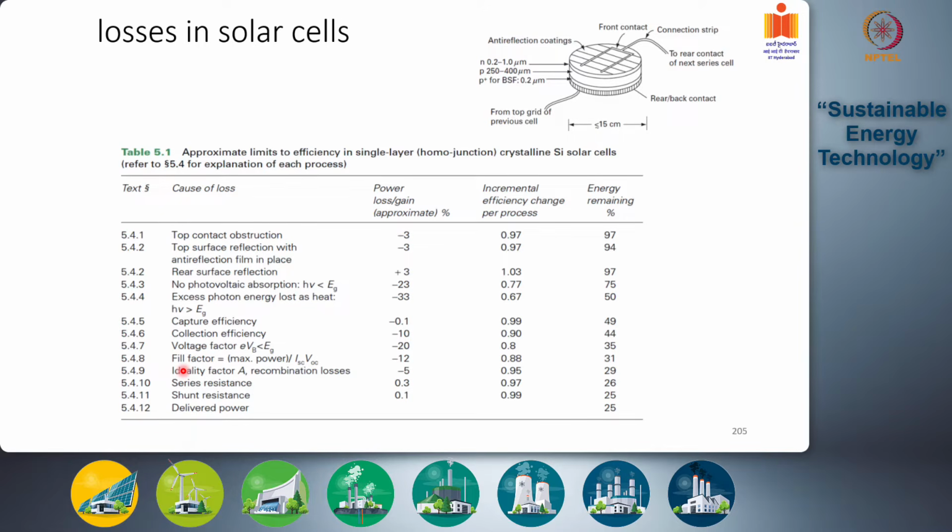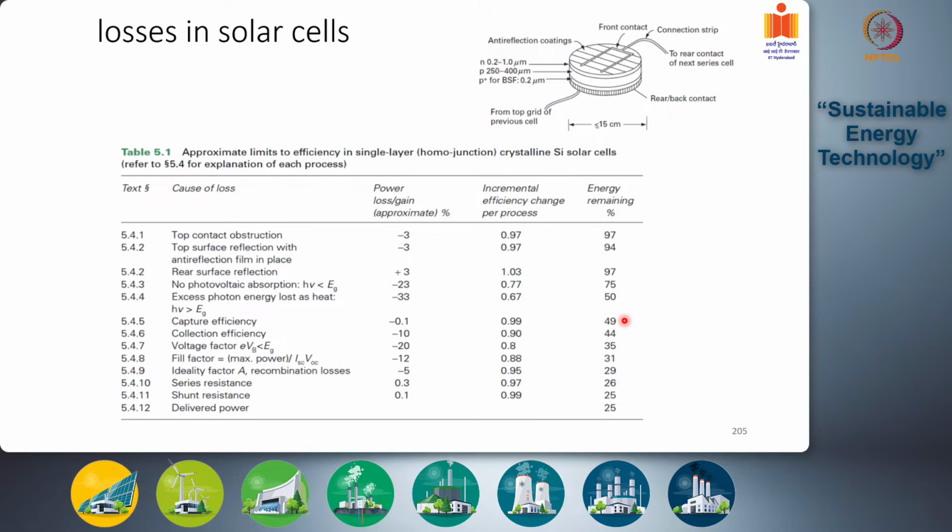Okay. Now you have something called capture efficiency. We will discuss this a little bit later. This is a small efficiency hit of around 1%, so it goes down to around 49%. Okay, 49.5, something like that.